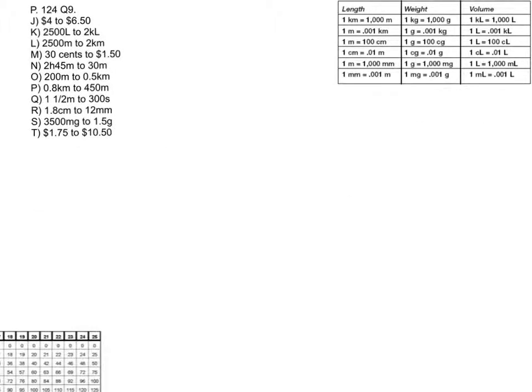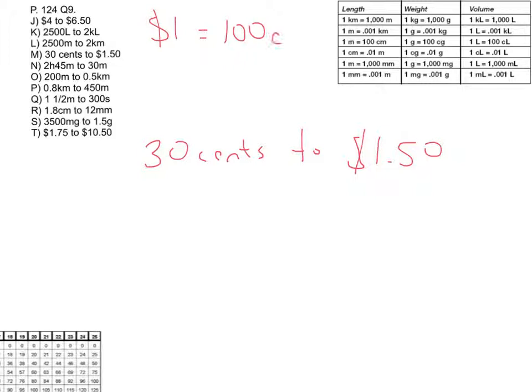Okay, so the next question is 30 cents to $1.50. We know that we need to make this amount smaller because the dollar amount is a larger amount than the cents. Now, we know also that in $1 there is 100 cents.